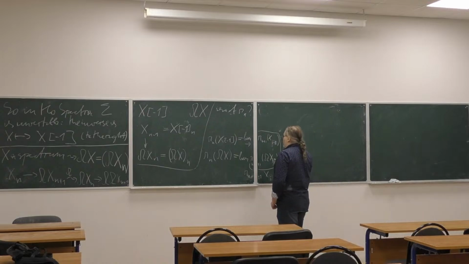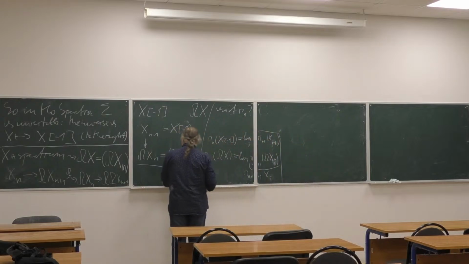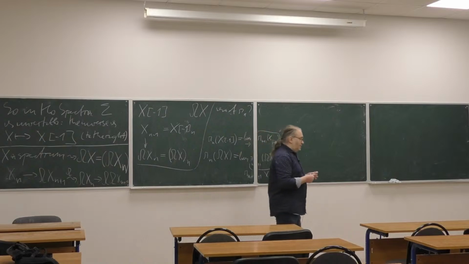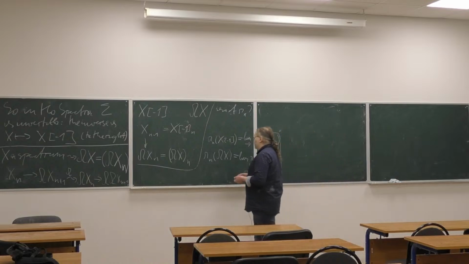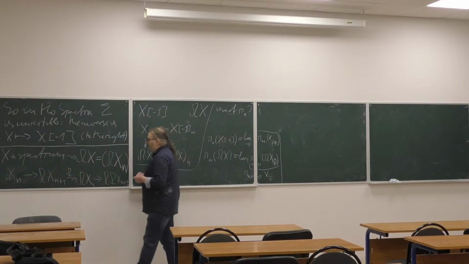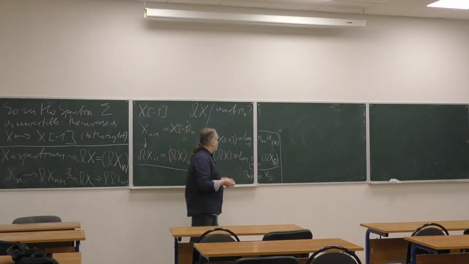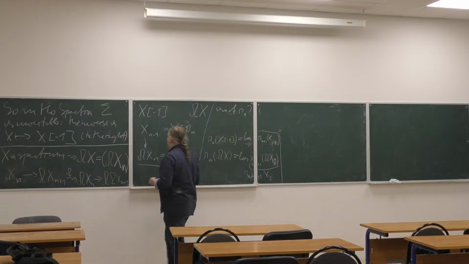Very well. Okay. So at least the groups which we have in both limits are exactly the same. Well, let's see what this map does.